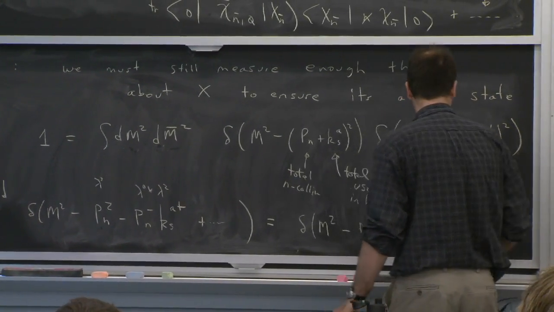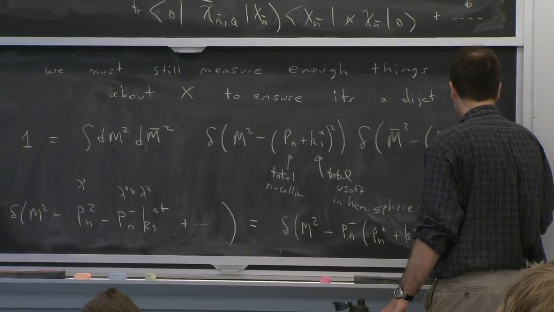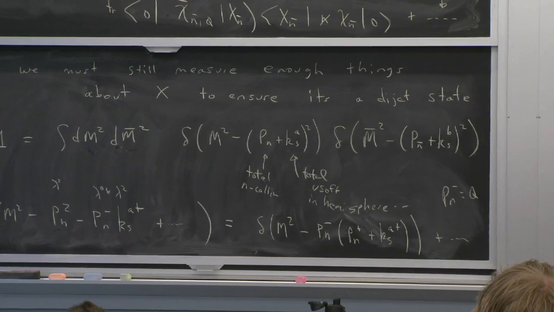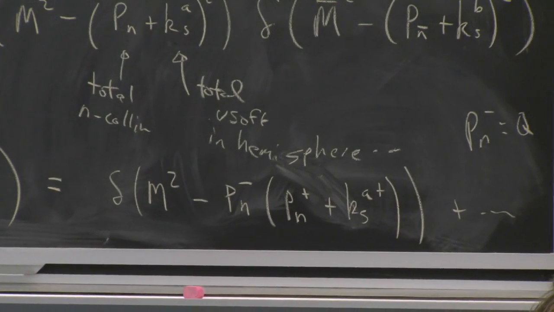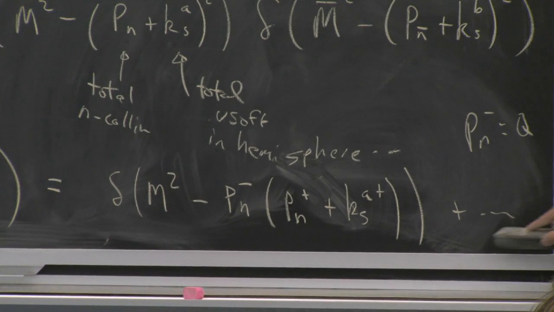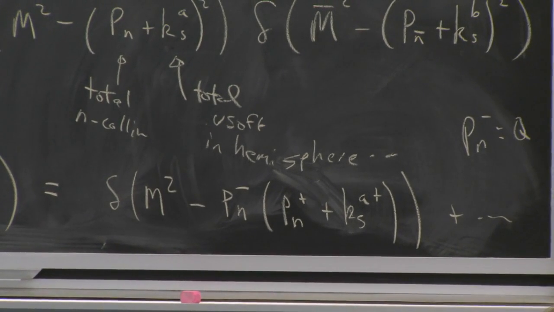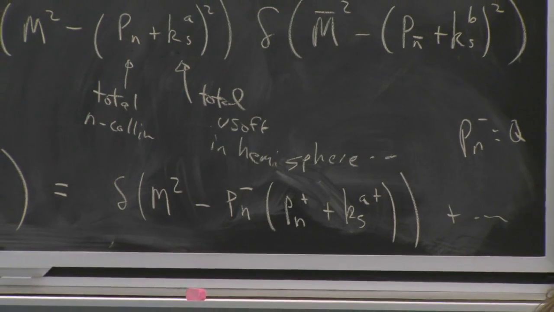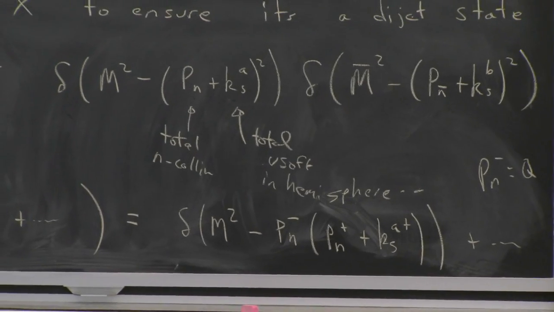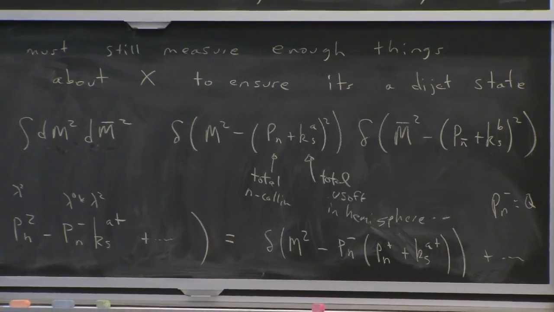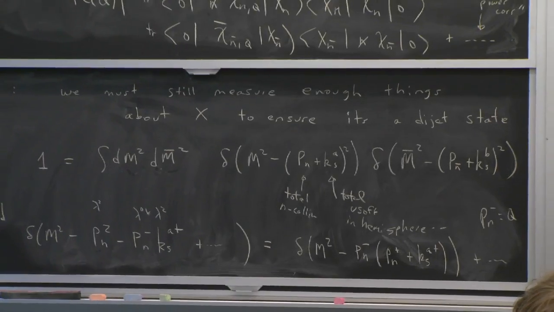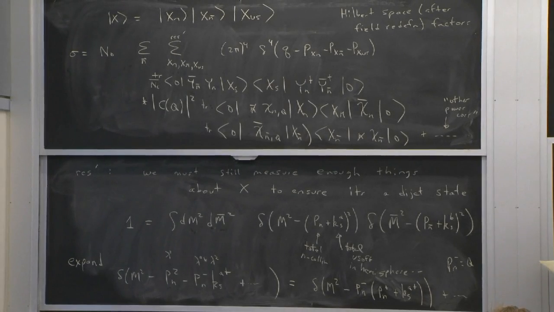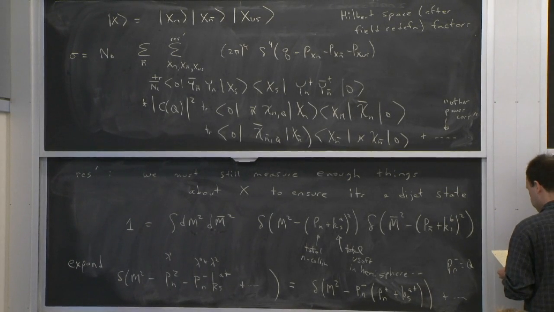And we also know that Pn minus is Q. That was fixed by kinematics. Okay, so this simplifies quite a bit. And we're going to drop all the power suppressed terms. All right, so that is one thing.